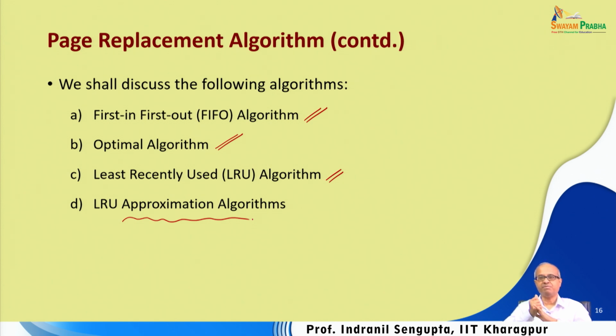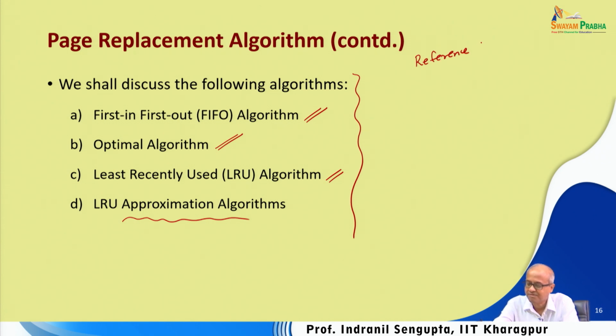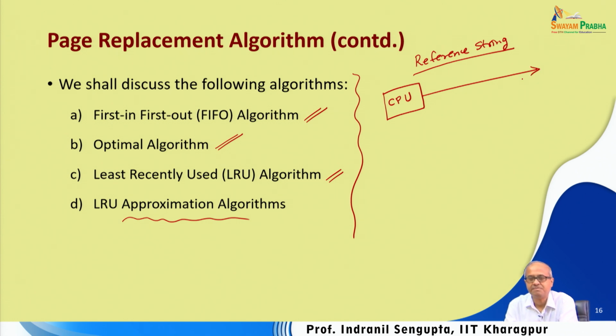So, these are the different algorithms that we shall be discussing, but one thing we said is that all these algorithms we shall be evaluating with respect to a reference string. Reference string, I am repeating. There is a CPU which is executing the instructions of a process. The CPU is generating memory addresses.